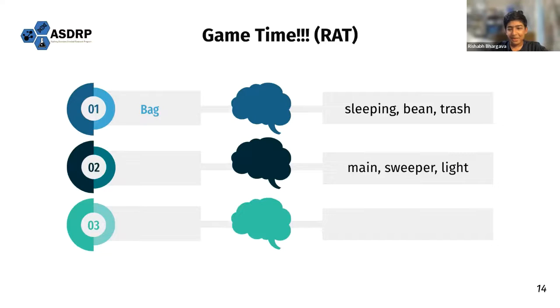That's main, sweeper, and light, and you guys have 30 seconds for this, and please don't send it in the chat. And don't Google it too.